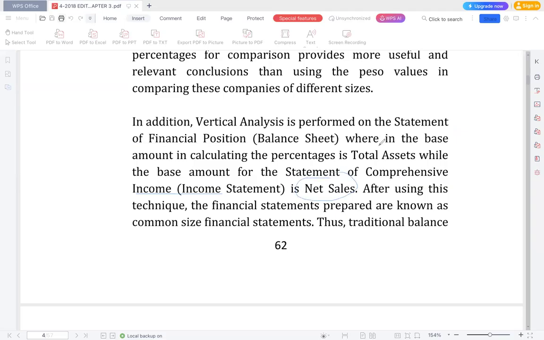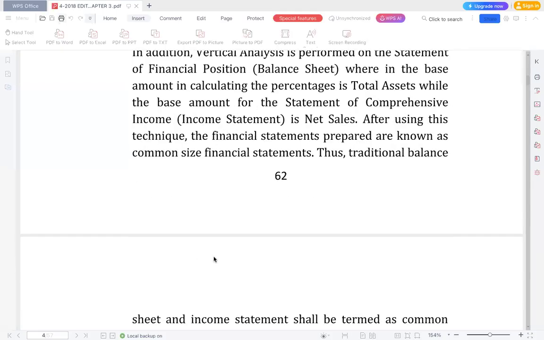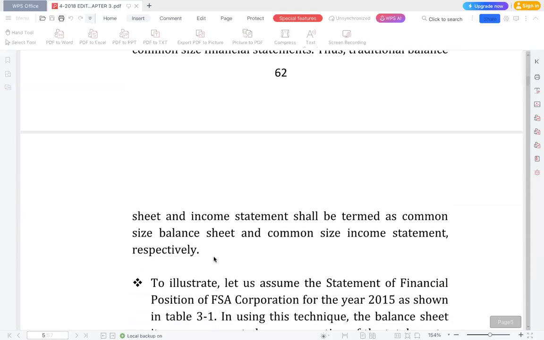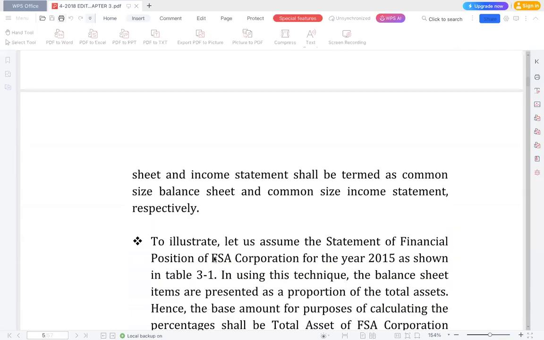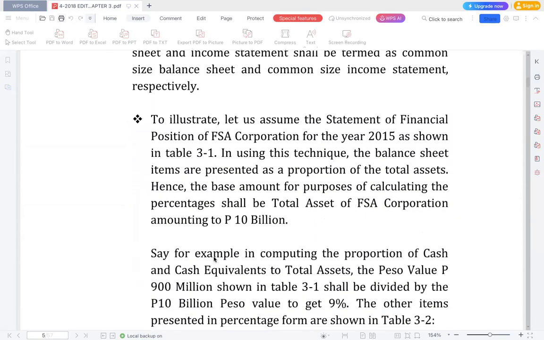So you have total asset and net sales. This is also known as the common-sized financial statement, because you have already converted the peso value in terms of percentages. So common-sized balance sheet and common-sized income statement.